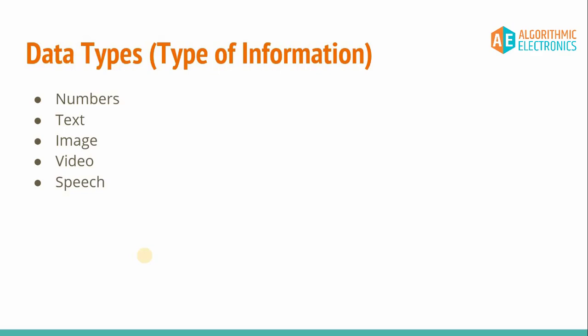Speech, we interact with people with the help of speech, so information is exchanged in the form of speech. We can even have audio books, which is also speech information.